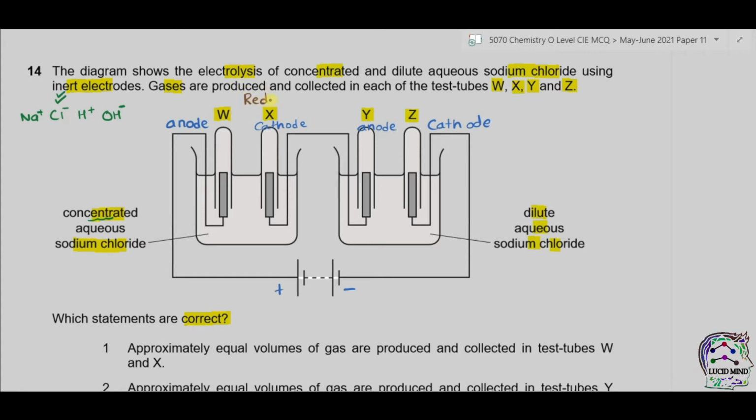You should remember red cat, which means reduction always occurs at cathode, so oxidation always occurs at anode. Anions will move towards anode. We have Cl negative and OH negative. Due to the high concentration of Cl negative ions, Cl will be discharged first on the anode. And we have loss of electrons. Chloride ions will lose electrons to form chlorine gas.